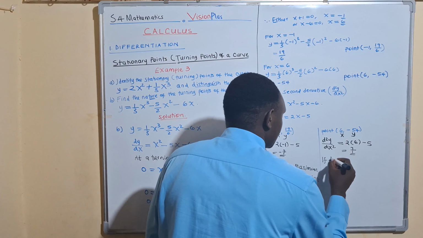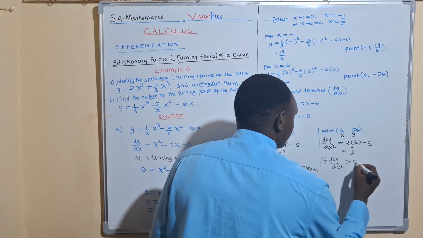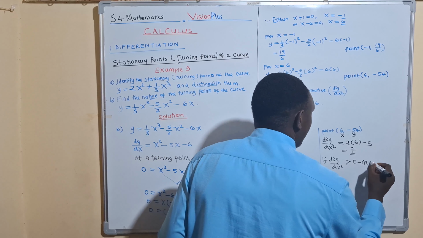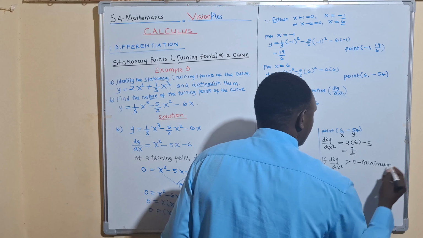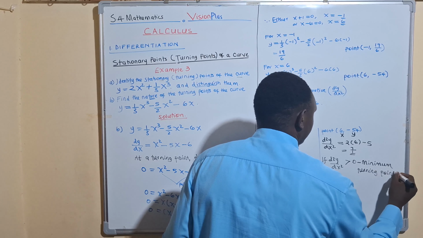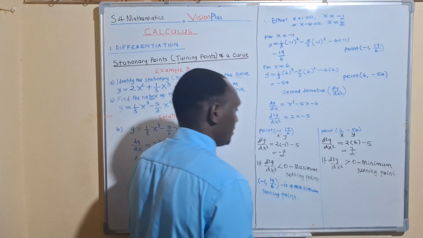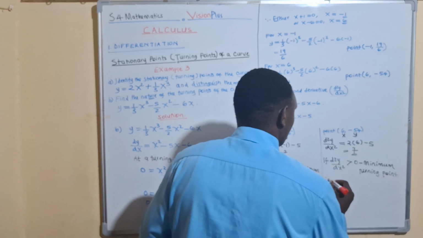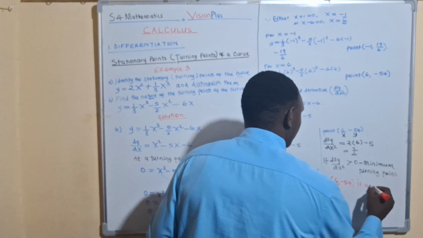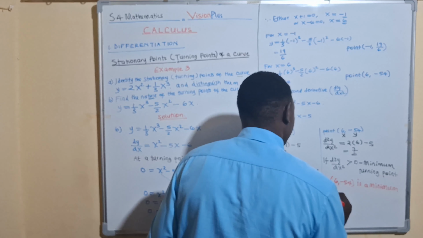And we say that if the second derivative is more than 0, it is a minimum turning point. Therefore, the point 6, negative 54 is a minimum turning point, or a point of minima.